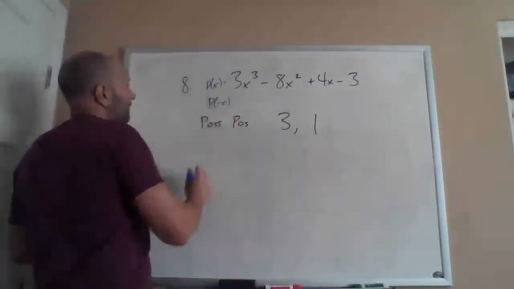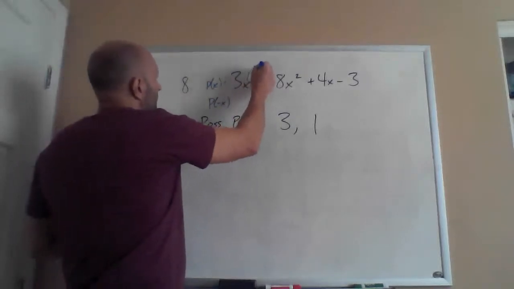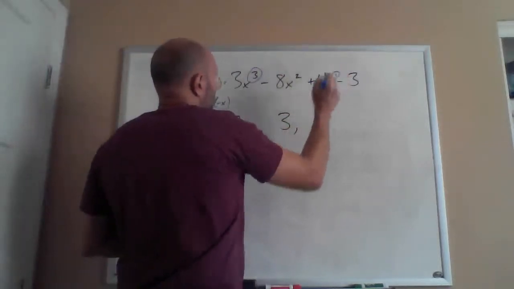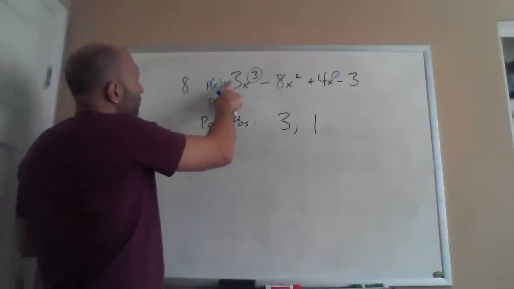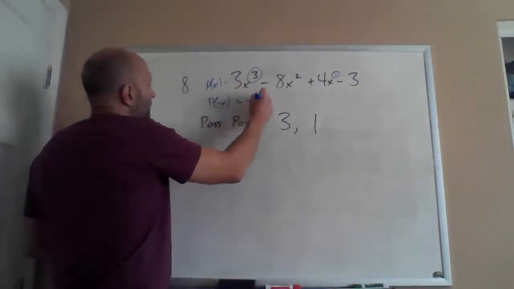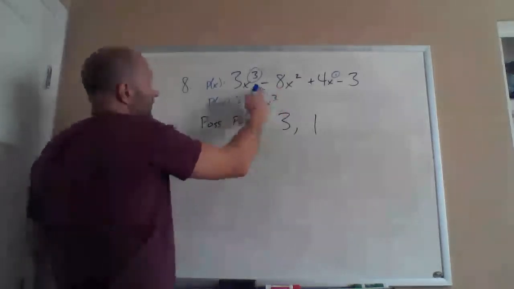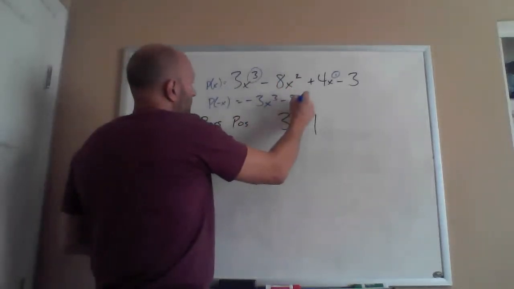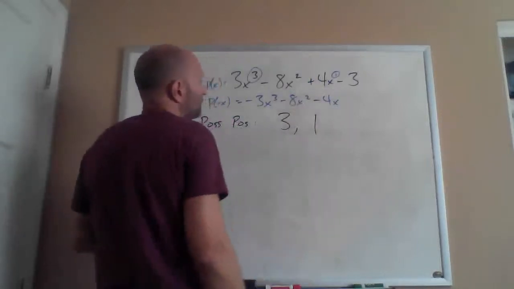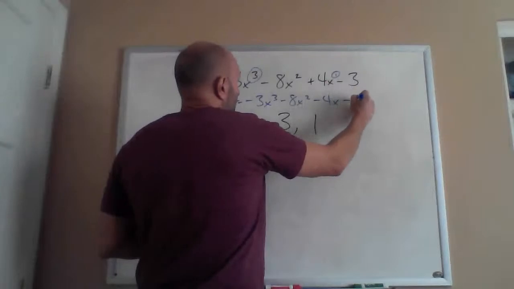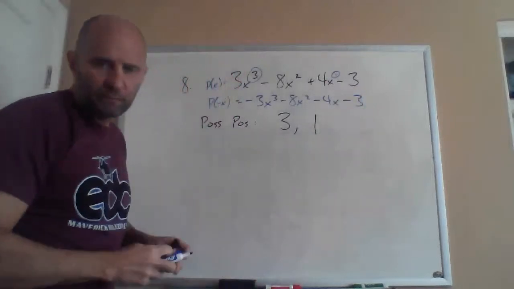So P of minus x, again, it's only the terms that have an odd exponent. Those are the only ones that change the sign. So this was positive, so it becomes minus 3x to the third. This one stays the same. This was plus 4x, so it's now minus 4x. And this one stays the same.